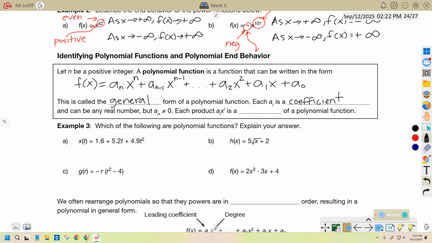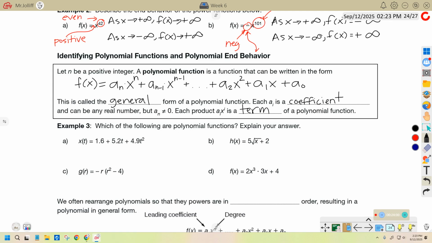Otherwise, that term isn't there and it's no longer a leading term. Each of those products, a times x to the n, is called a term. You will notice in polynomials, terms are separated by addition or subtraction. Anything that can be written in this form, even if it doesn't live in this form at the moment, qualifies as a polynomial.